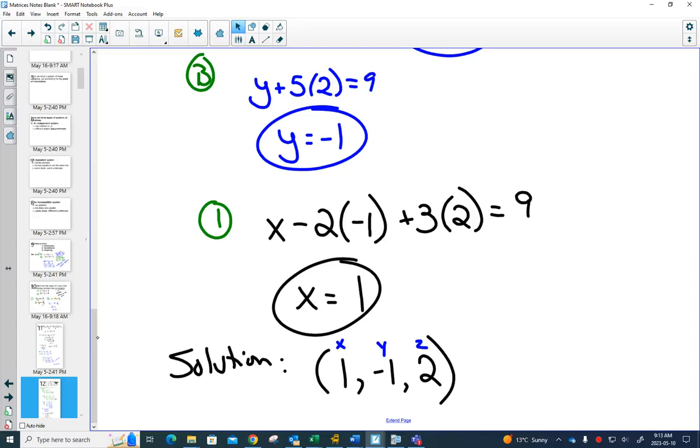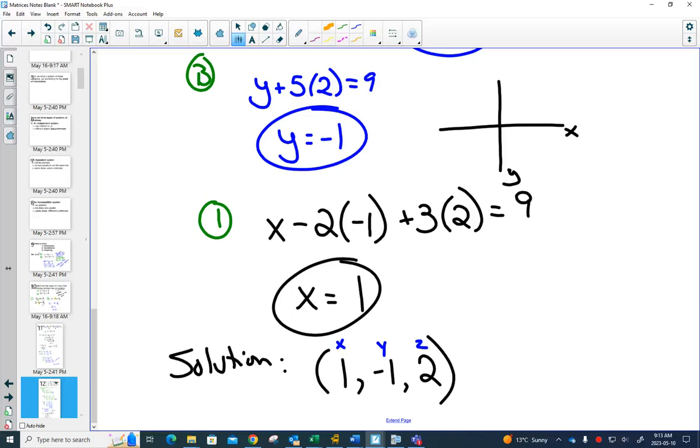Do you know how to draw lines in 3 dimensions on a 2-dimensional piece of paper? Have you ever had to do that before? Okay, so what you do is normally we draw with a y-axis and an x-axis. So you imagine taking that x-axis and y-axis like it's on a piece of paper, and you are drawing a 3-dimensional picture.